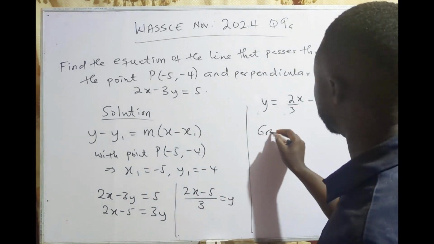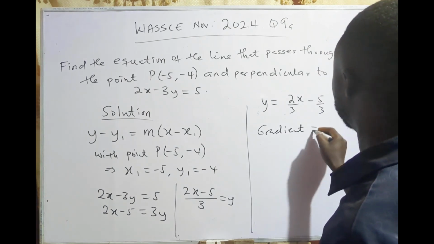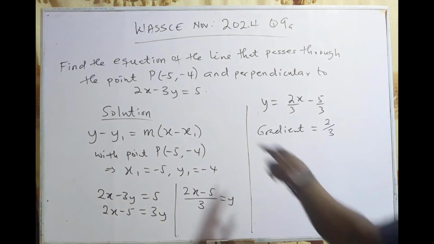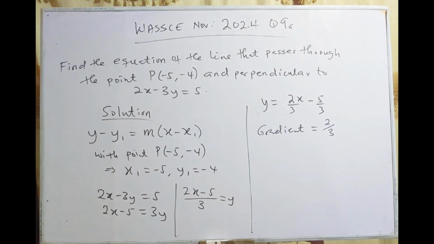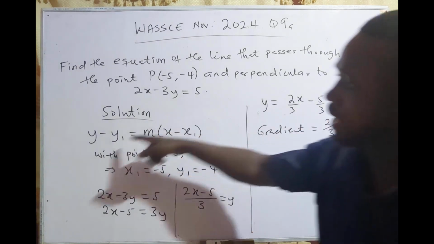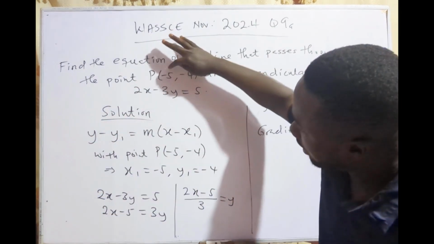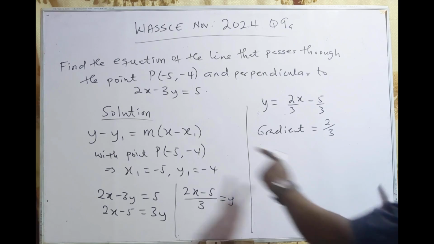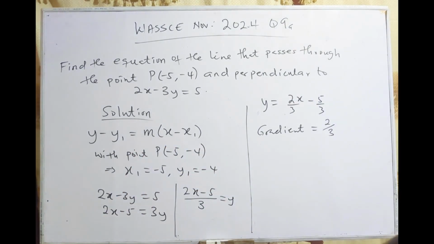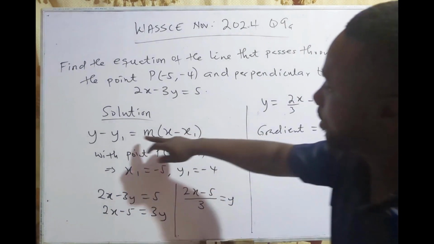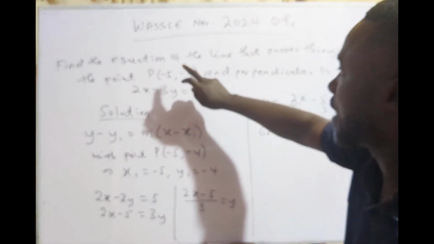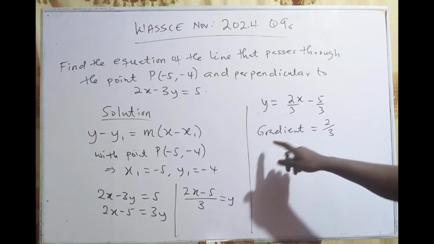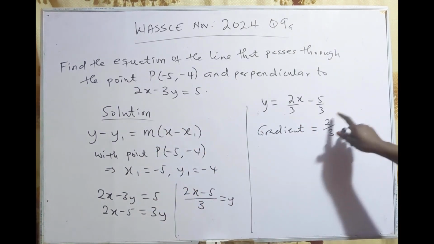So the gradient of this line is 2 on 3. To get the gradient of the line that passes through (-5, -4), the negative reciprocal of this will be its gradient, because this line is perpendicular to that line.